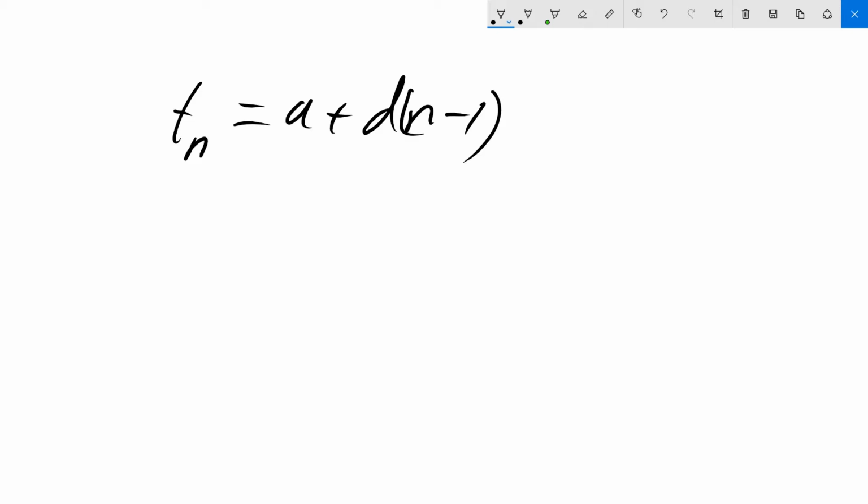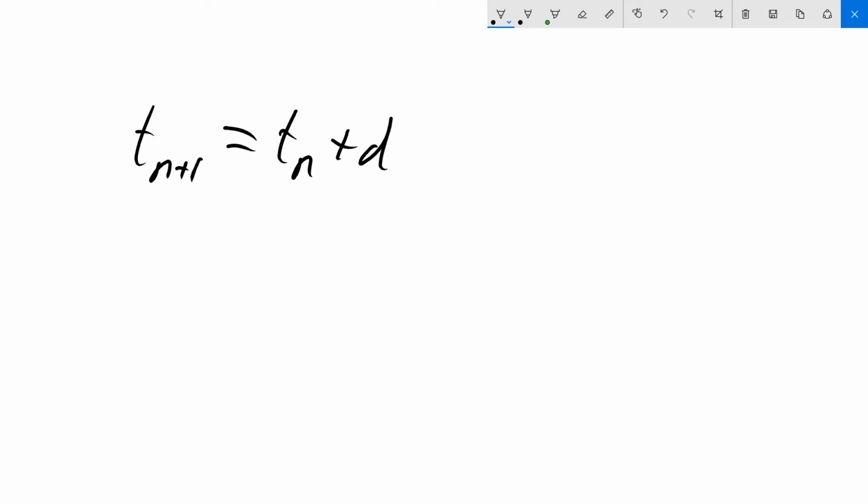So, imagine that we didn't know the sequence. We didn't have this Tn equals a plus d times n minus 1. We didn't have any of that. But instead we were given something like this. Tn plus 1 equals Tn plus d.